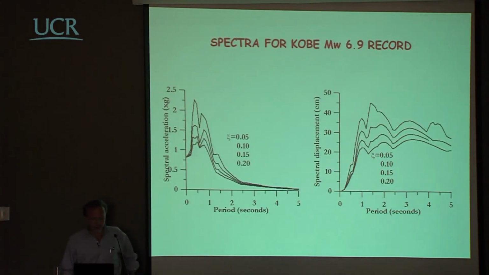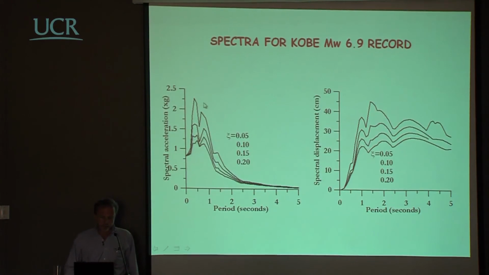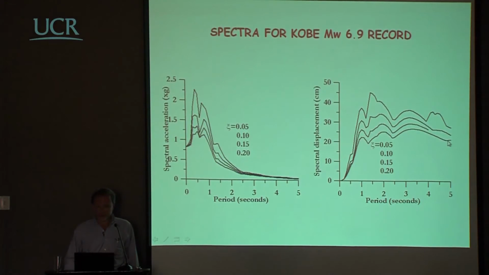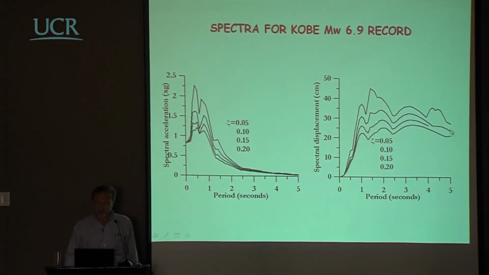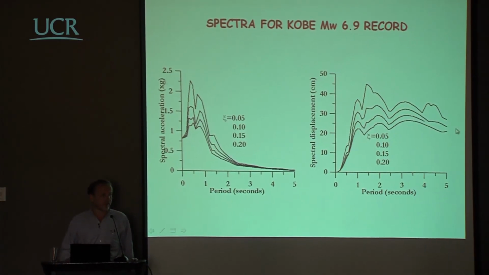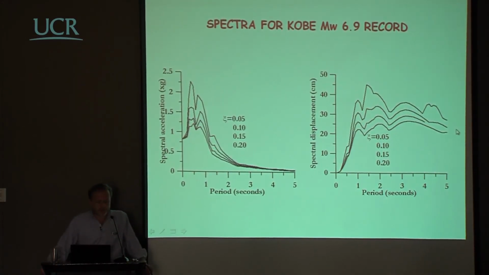And this is just to conclude our comparison and look at the case of Kobe, where you see something again with some significant effect, and you remember that in Kobe we had a peak ground displacement of about 20 centimeters. So you may see that here we are not too far away from reaching the level of the peak ground displacement.